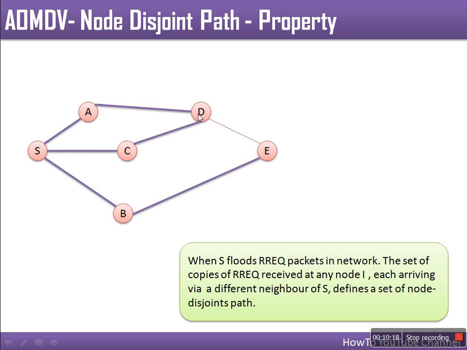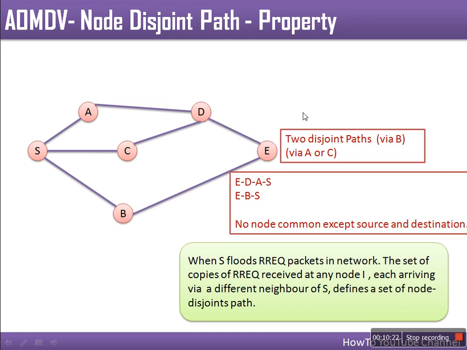So let's say it is forwarding this one, A1. D will send a route request query packet to E, and so E will receive two route request packets.